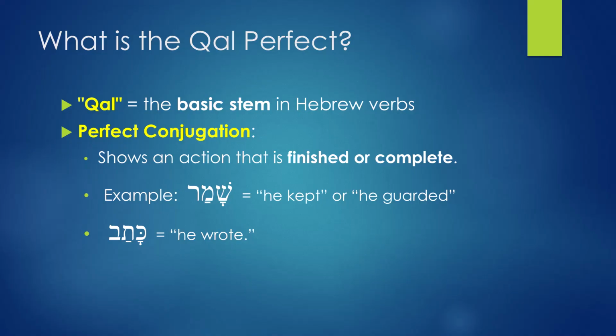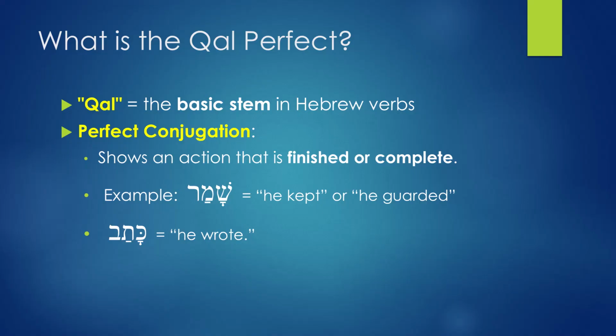And the Qal perfect conjugation, or the Qal perfect tense, shows an action that is finished or complete. And that is why they're usually translated as past action, past tense. For example, you have the verb shamar. Shamar means he kept. Or the verb katav. Katav means he wrote.